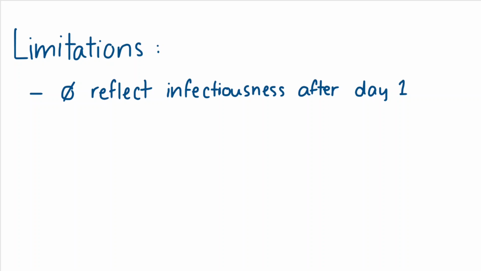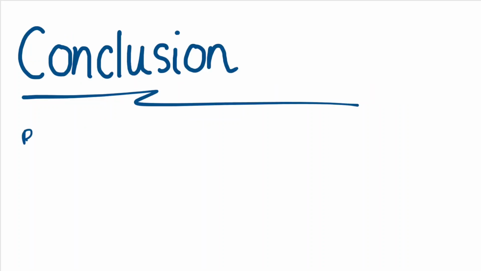Also, R0 indicates the new infections generated throughout the lifetime of a primary infection, not over calendar time. It does not indicate whether new cases will occur within 24 hours after the initial case or months later. In this video, we have seen what R0 is and what its limitations are.